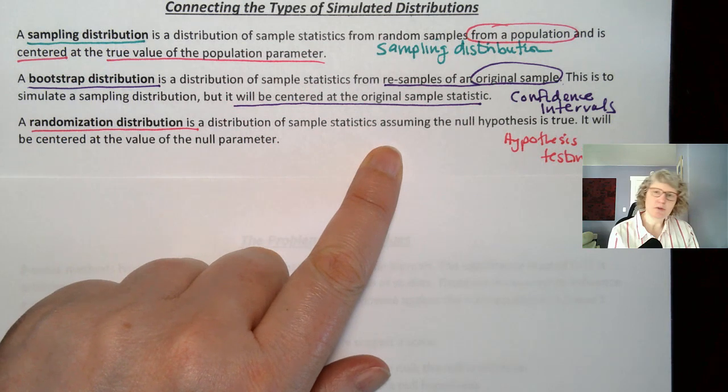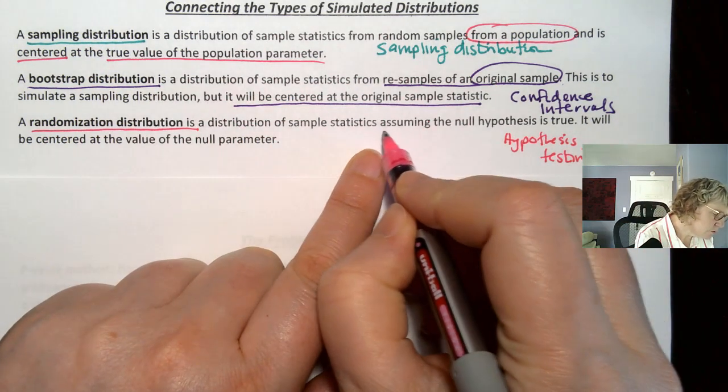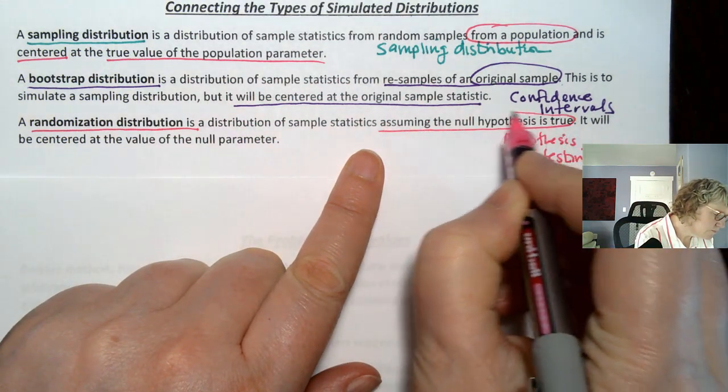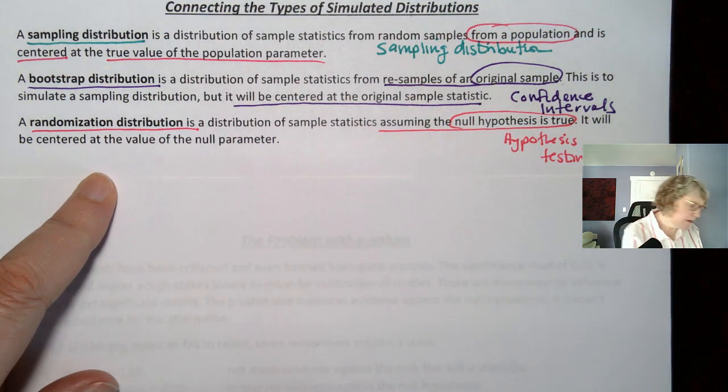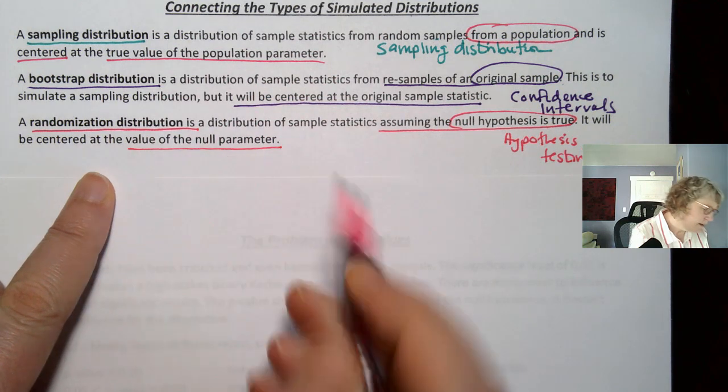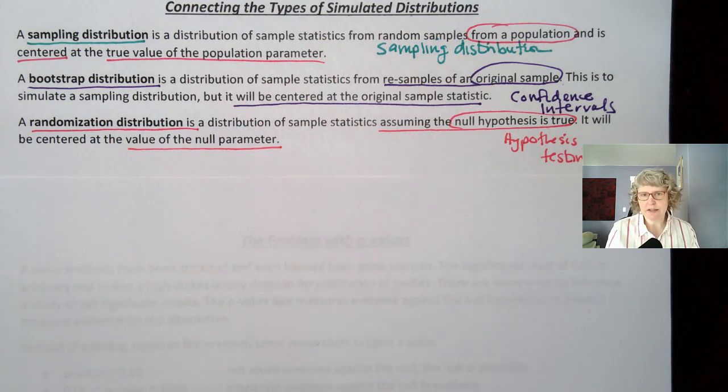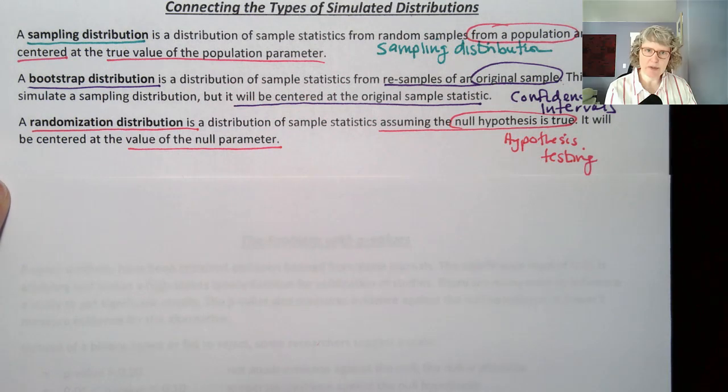But this one is assuming the null hypothesis is true, and it'll be centered at the value of the null parameter. And we've seen that, like when we're testing the difference between two things, then the null is that they're the same and we have 0 in the center. Or whatever our null value is, that is in the center. I hope that gives you a little refresh and recap, comparing and contrasting the different types of simulations we've been doing.